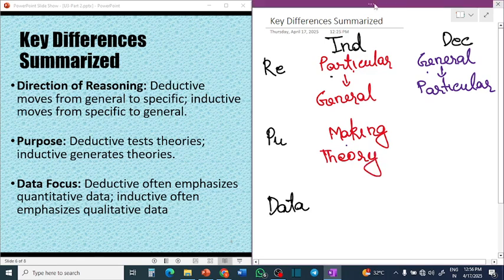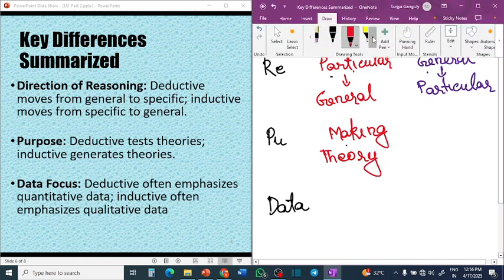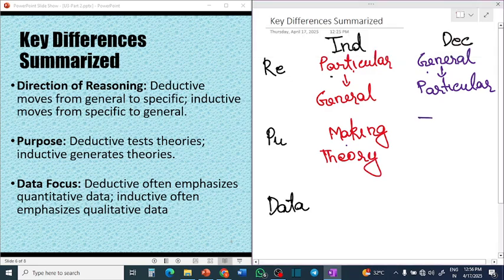And in deductive research, what will be our purpose? Our purpose will be to test the theory. So we had the theory that birds have wings. So we have tested on other birds and we have seen that all the birds have feathers. So we come to the theory that birds have feathers is a correct one.